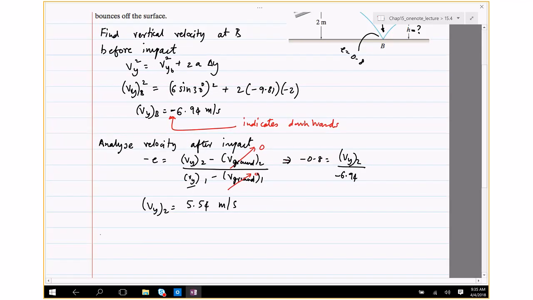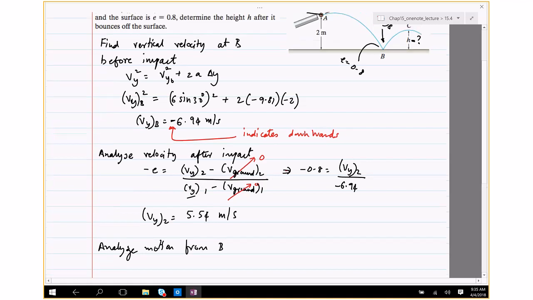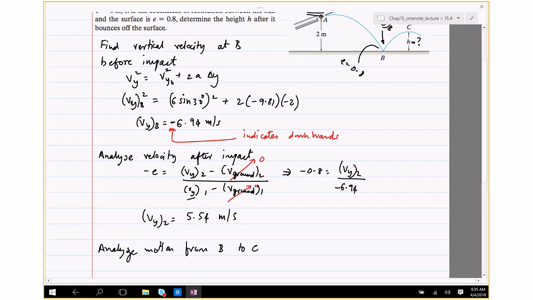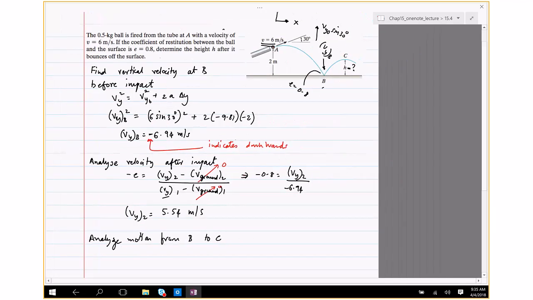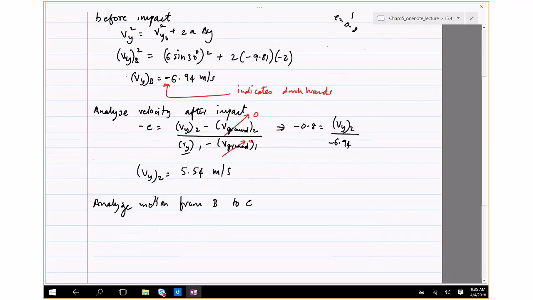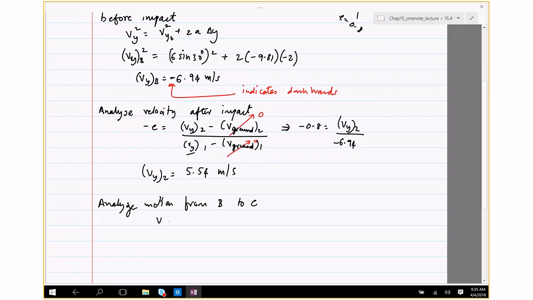Now analyze motion from B to C. To find out the motion from B to C, which is here to here, I can use the same formula I used earlier. Velocity at C squared equals velocity of B squared plus 2a delta y.